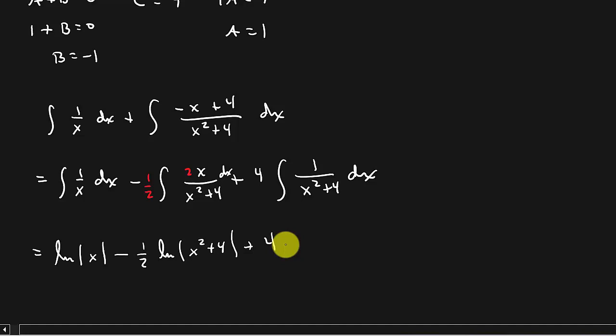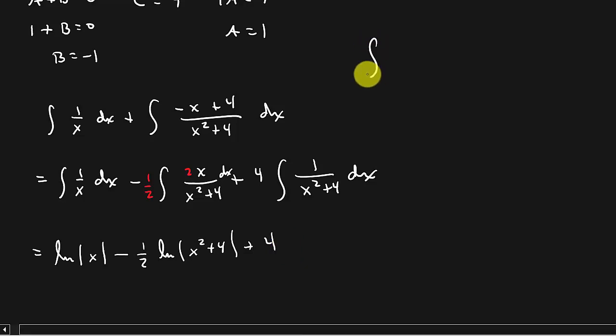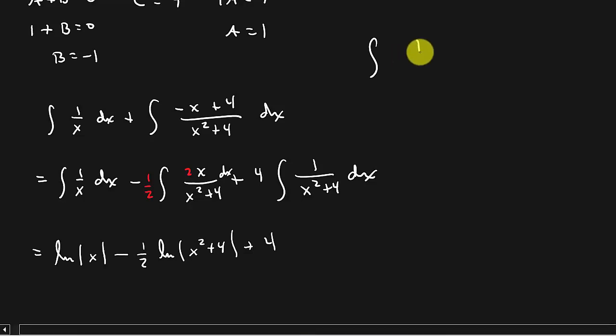Now, here we go. What is the antiderivative of this? Well, if you remember, there is a formula, and it says that the integral of 1 over a squared plus u squared du is equal to 1 over a times inverse tan of u over a plus c.